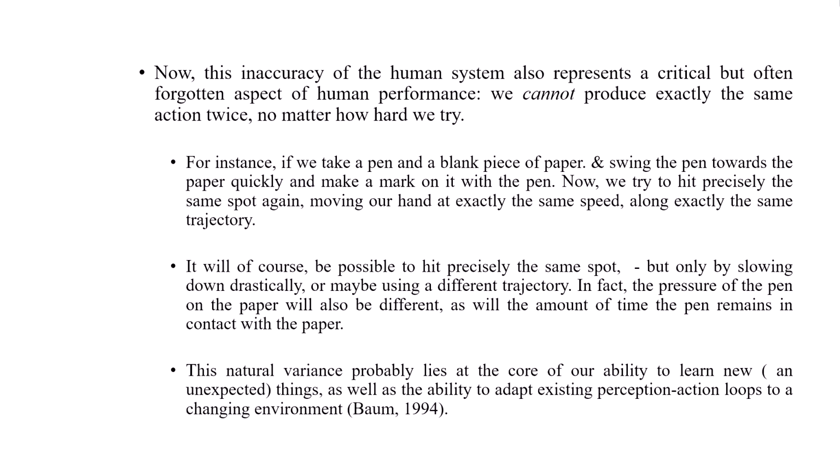Now, this inaccuracy of the human system also represents, interestingly, a critical but often forgotten aspect of human performance. What is that? I am sure students will know we cannot produce exactly the same action twice. For example, if I have my hand here and I want to touch the exact same point every time, if you really measure, say there was color on my finger and a white paper here, every time it will be slightly different, maybe a mm, maybe a smaller difference, but it will always be there.